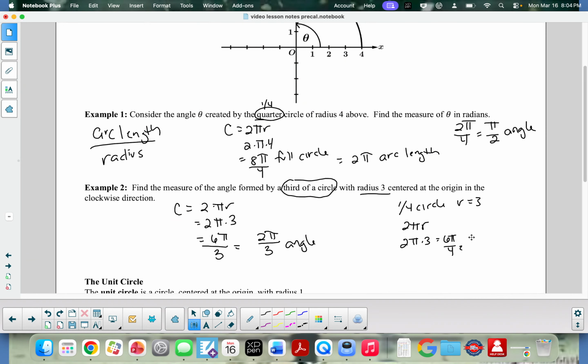So that's divided by 4, 3 pi over 2, right? And then I would divide that again by the radius of 3. So 3 pi over 2 divided by 3, or 3 pi over 2 times 1/3, would just give me pi over 2, which again would be my angle measure.